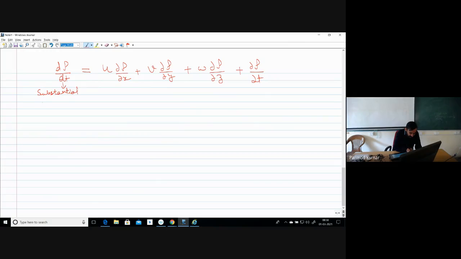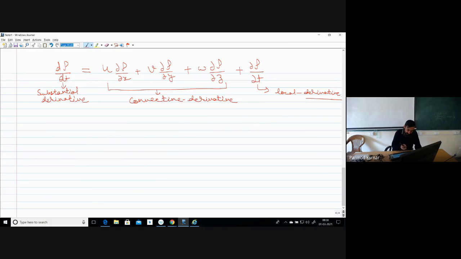This particular term is called the convective derivative, and this del rho by del t is called the local derivative.